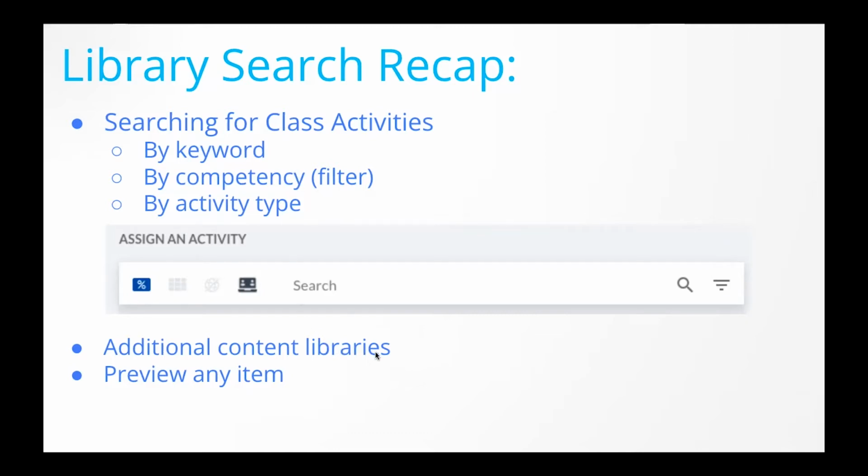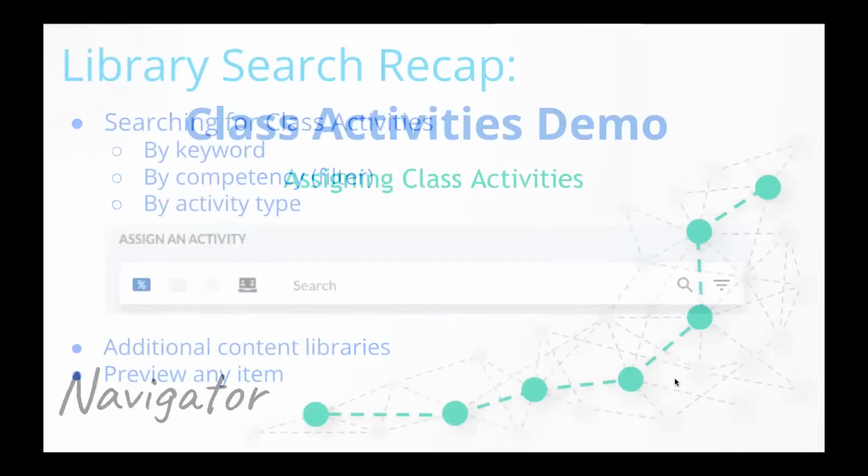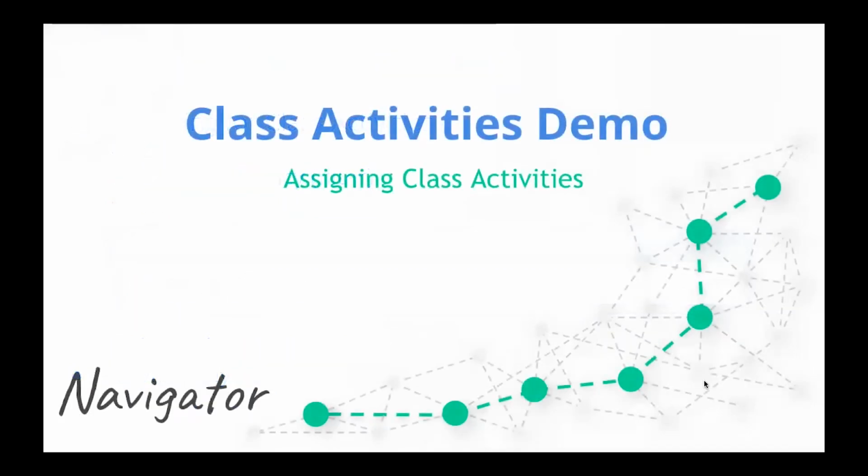There's lots of different content libraries, and you have the ability to preview any of them, so you're not wedded to it. You can click on it, take a look, and say, meh, this isn't really what I want, or this is awesome. We always recommend that: preview first, then assign. So we did step one, which was search, and now we'll do step two, which is assign.